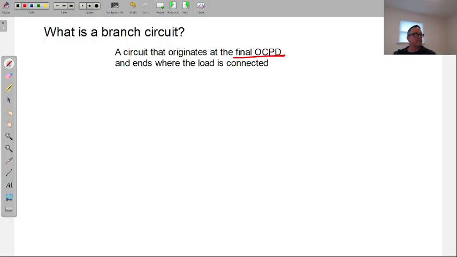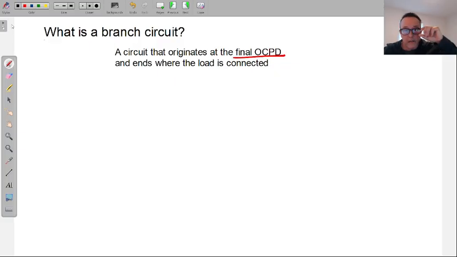All right, go ahead and write that down if you need to. And as you're writing this, write the fact that it originates at a breaker and ends at a load.